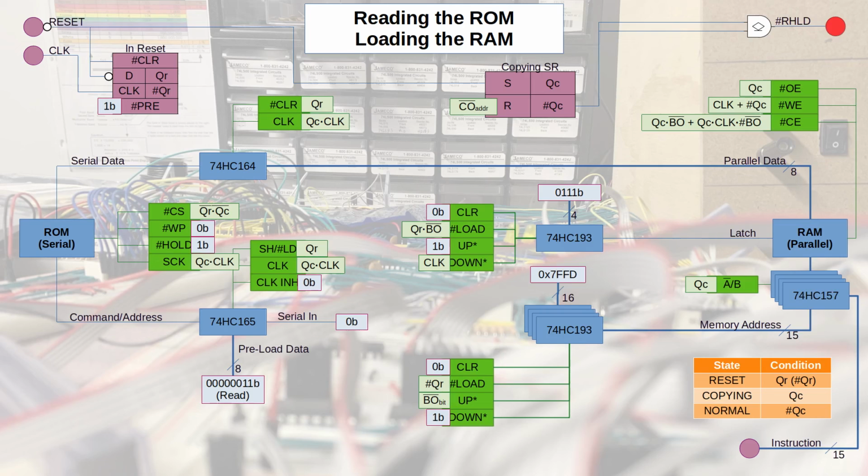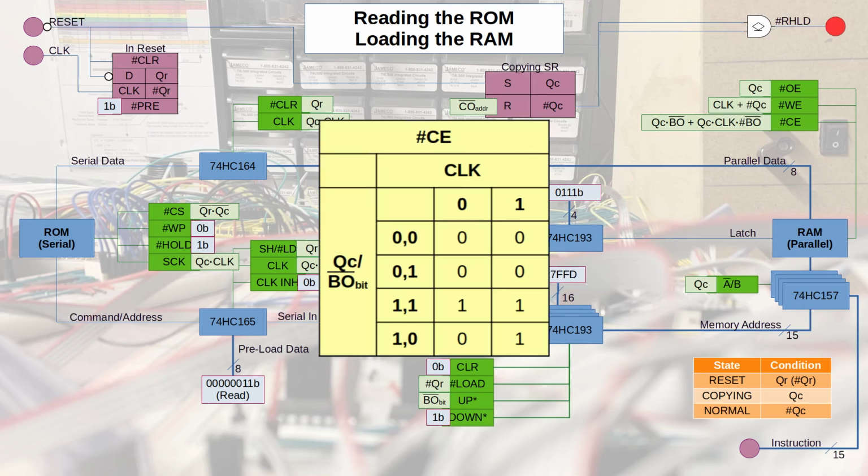For chip enable, I now have 3 conditions that I need to take into account in order to determine its value. Now again, chip enable is active low, and I've organized the table such that only 1 bit ever changes as we go from one row to the next. Makes it a little bit easier for looking for patterns and consolidating. So I can do this by comparing 2 conditions.